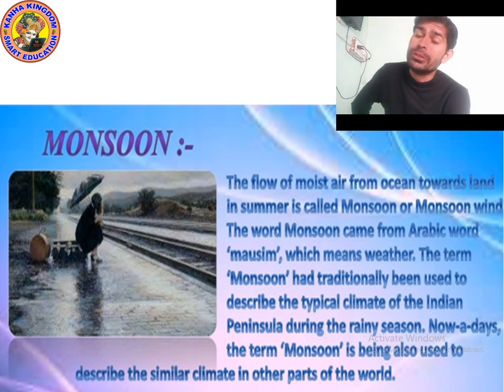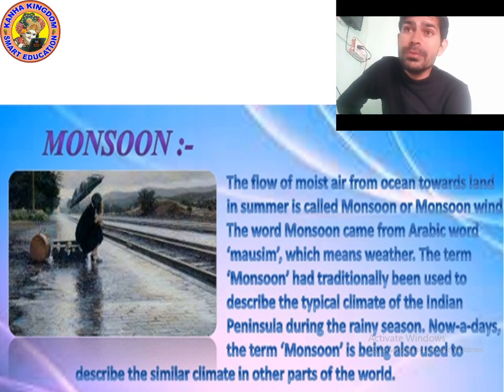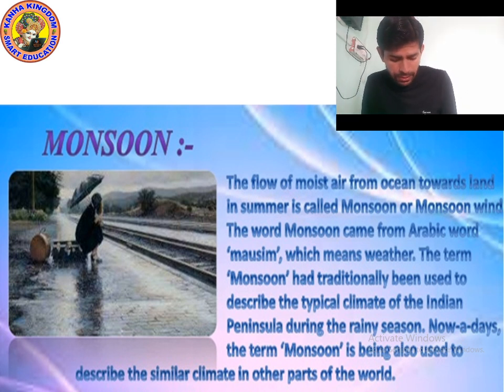During the spring season you might have seen the flowers bloom. Spring is a very beautiful season. And during the autumn season leaves fall off.